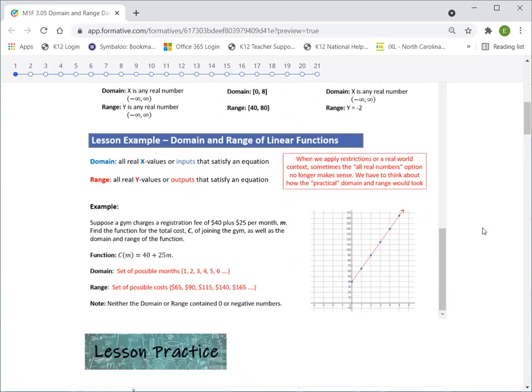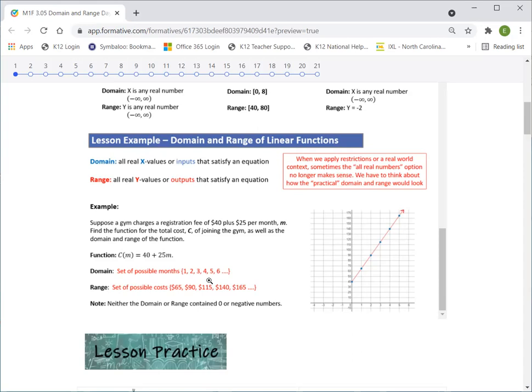We can also have a story problem where you're only looking at certain numbers. Okay, so here it says, suppose a gym changes registration fee to $50 plus $25 per month. Find the function of the total cost of joining the gym. So we can't pay 1.5 months, so you only have possible outcomes being 1, 2, 3, 4, 5, 6, and so on and so forth.